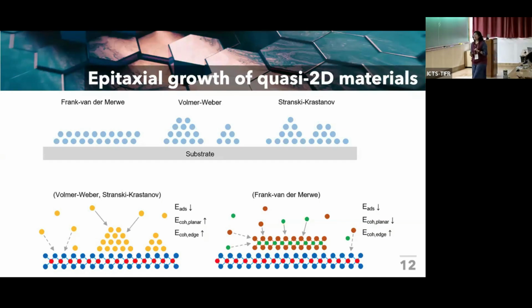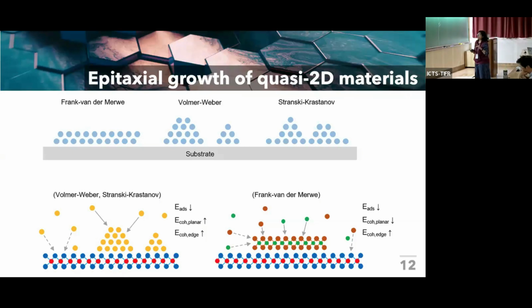If you take the first case, suppose you have a substrate on which the adatoms can easily adhere, like for example the case of a van der Waals material, because they don't have any dangling bonds, they don't have surface roughness, so the adatom easily comes and adheres to the van der Waals surface.